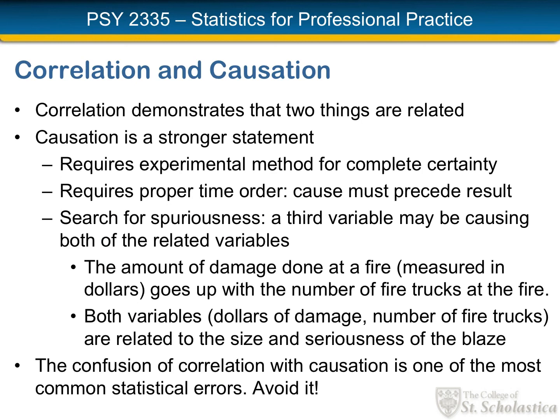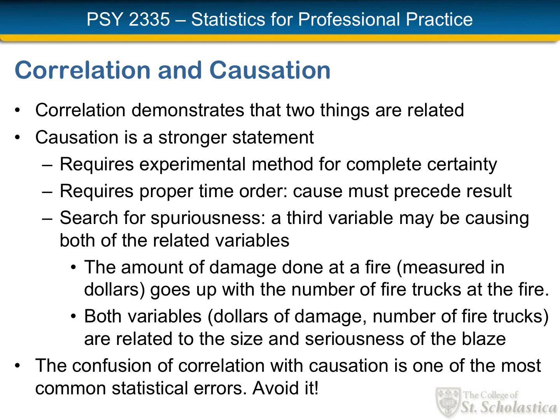So for instance, to demonstrate causation, I have to prove that the thing I call a cause happened before the result. But the most serious search, and the one that's most difficult, is the search for spuriousness, a third variable that might be causing both of the related variables.